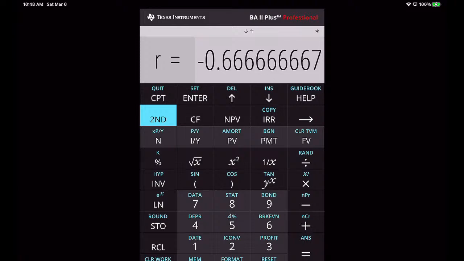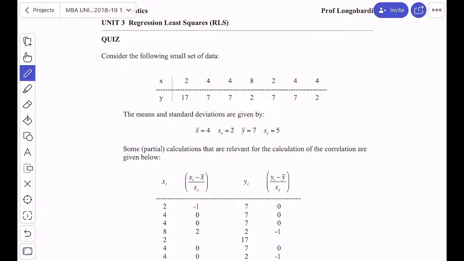So those are my results. Negative correlation of 0.67. It's not strong. So you see when the values are going up for X, Y is going down. And when the values for X are low, the values for Y are high.